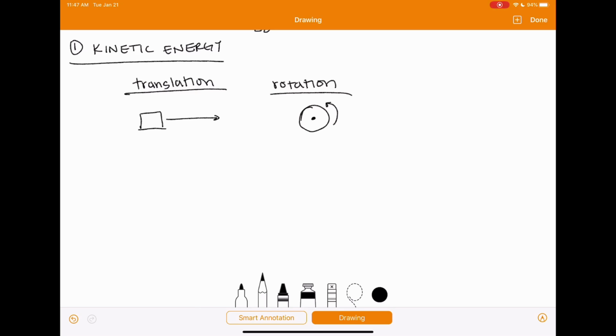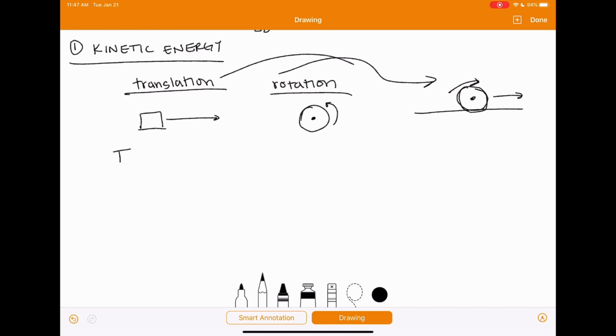That's translation. Now, you actually can have a combination of both of these, where you could have some sort of disk that's rolling along the ground, but it's also moving that way as it rotates. So you would combine translation and rotation.